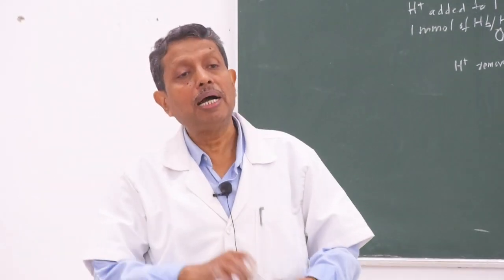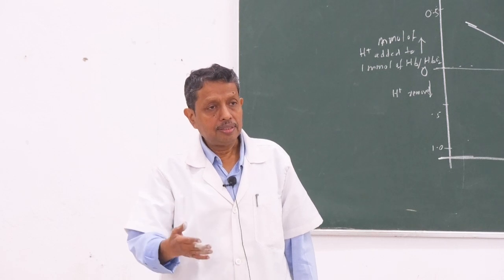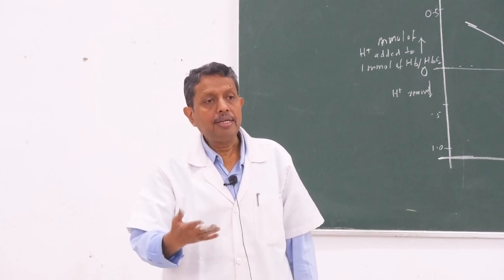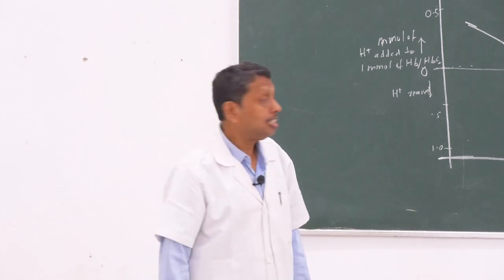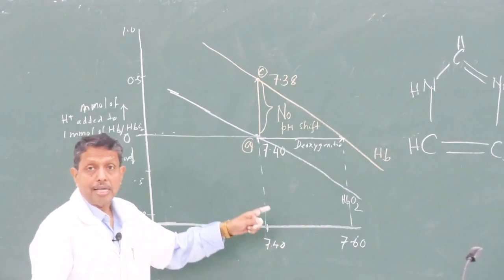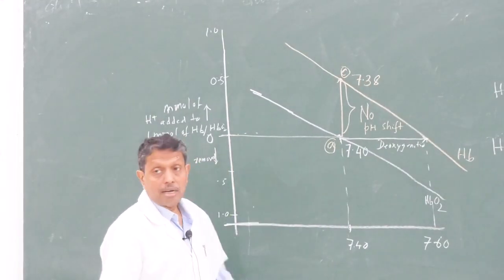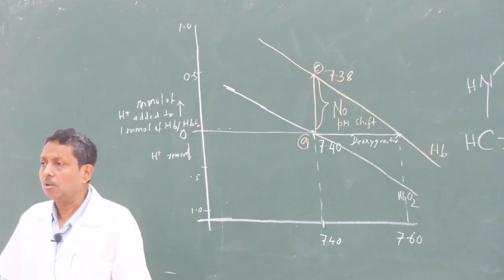So it is nature's device: whenever it is oxygenated and then deoxygenated, and at the same time carbon dioxide is being produced and giving rise to the addition of hydrogen ion, there is no pH shift. It is the titration curve of the hemoglobin.